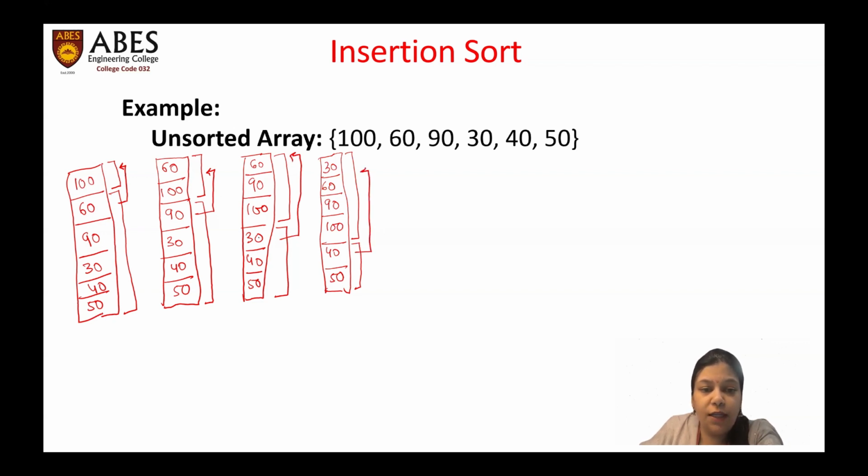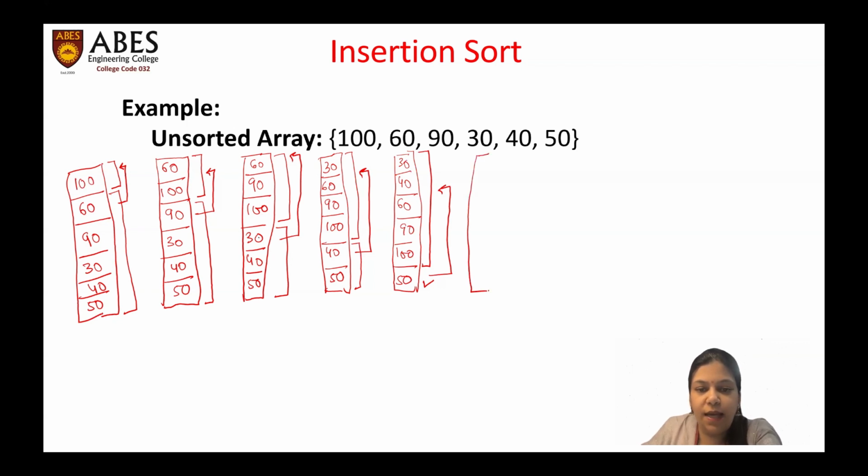Again, we will take 40 and insert it at its appropriate position. So the array will become 30, 40, 60, 90, 100, and 50. At this point of time, n minus 1 elements are sorted and only 50 is left as the unsorted array. Now we have to place this also at its appropriate position.